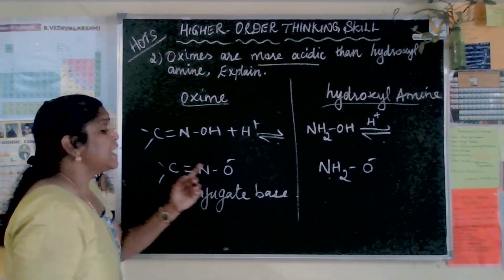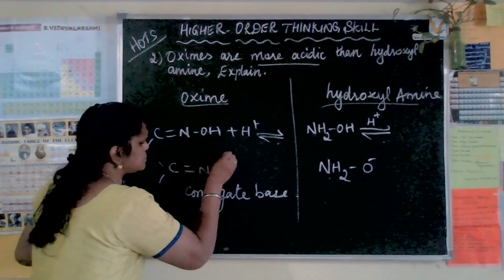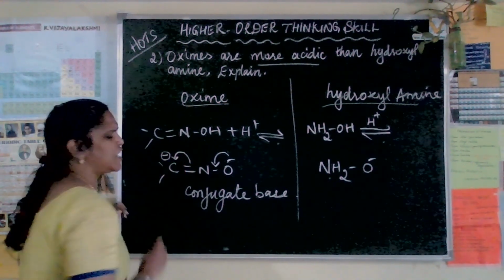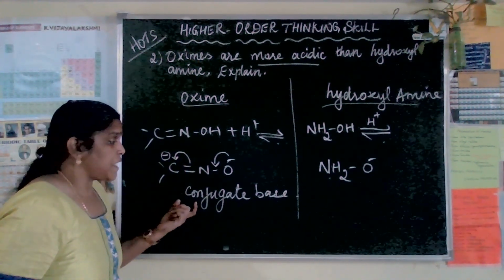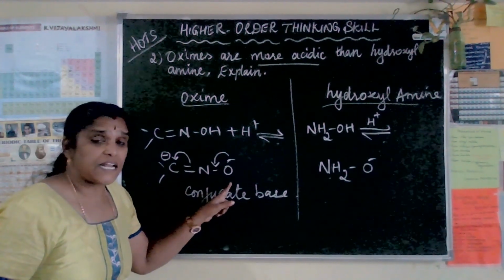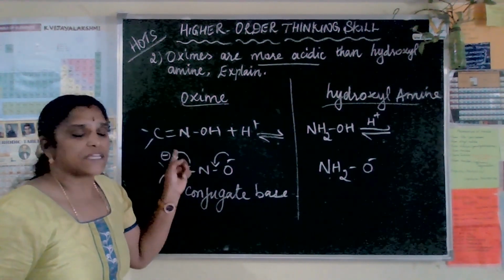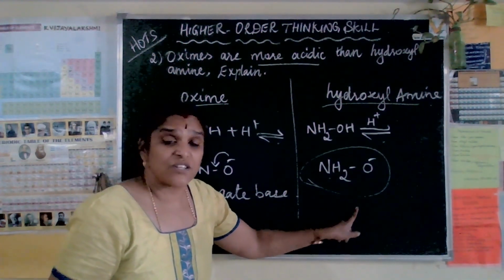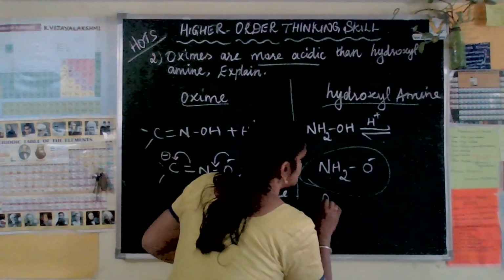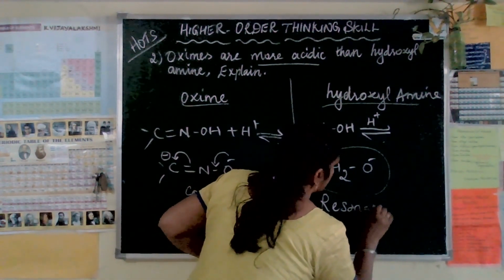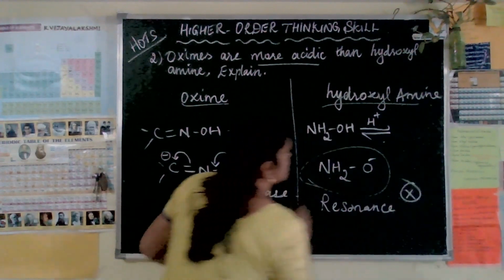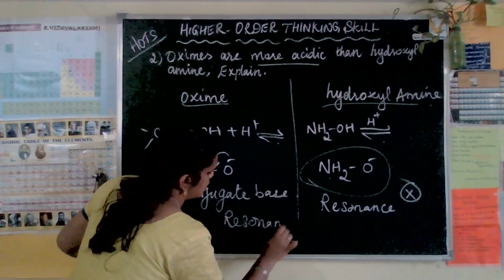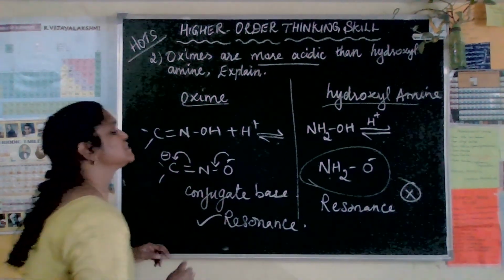In the oxime, the conjugate base is resonance stabilized, as the negative charge is delocalized. Due to that resonance it is stabilized, so it is more acidic. Whereas the hydroxylamine conjugate base is also a conjugate base, but it does not have resonance. Resonance is nil.